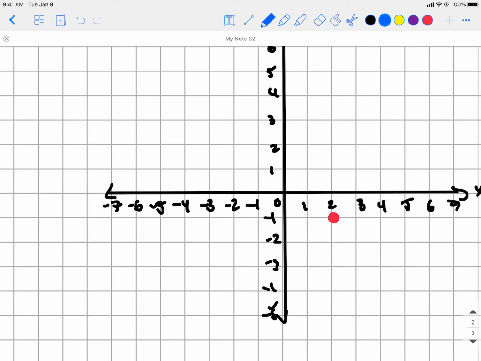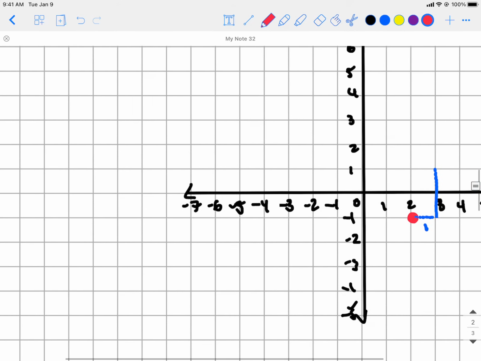But in this case, because our a value is 2, all those vertical distances have changed. So instead of going over 1 and up 1, we're going to go over 1, and we're going to multiply that vertical value by a. So we're going to go over 1, and we're going to go up 2.